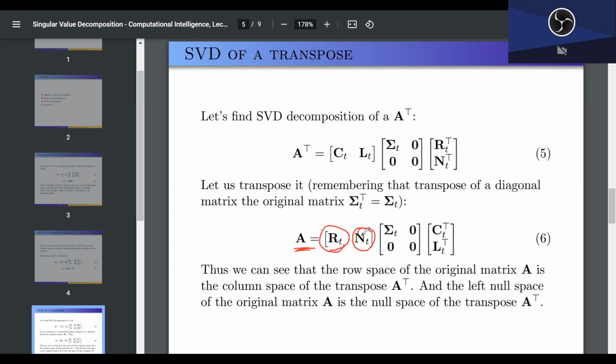But we have here null space of the transposed matrix. And same here. So what we find is that row space of the original matrix is a column space of the transpose.